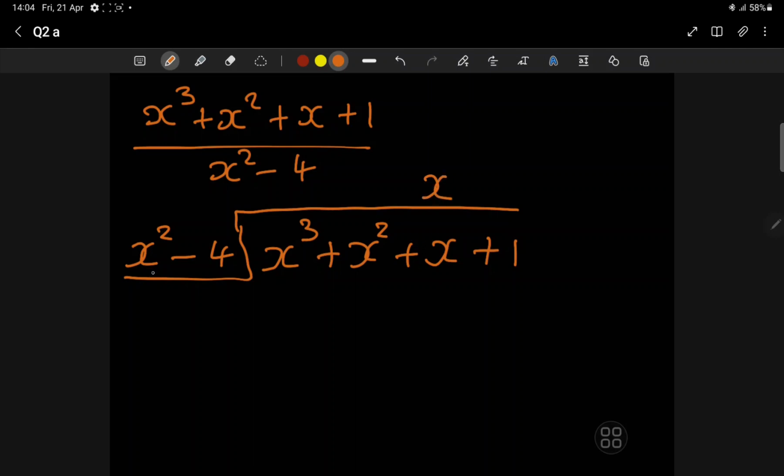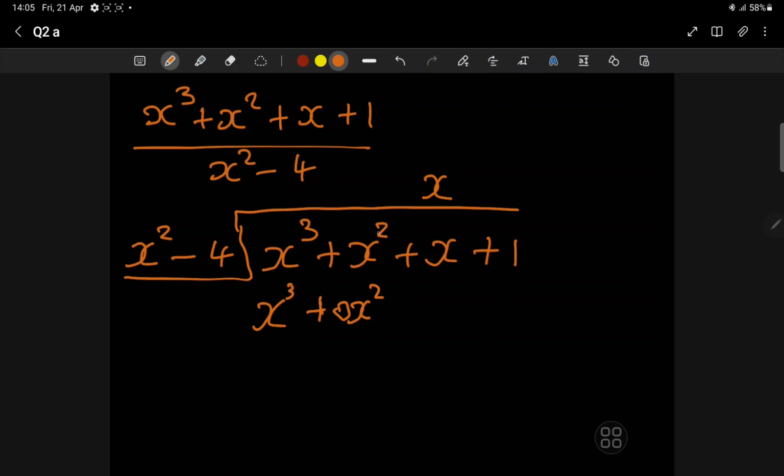So x multiplied by x squared will give x cubed. Now, what do we put here? Because when we multiply x by -4, it's going to give us -4x, and the value for x is this part. So which means on this part, we're going to put variables like 0x squared.